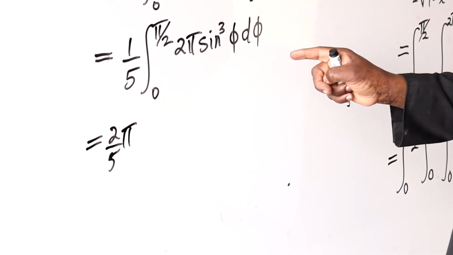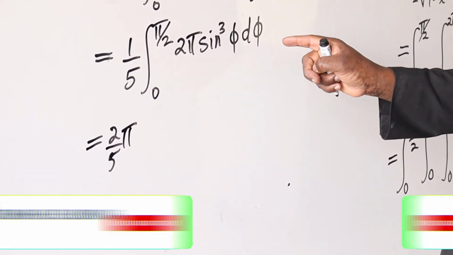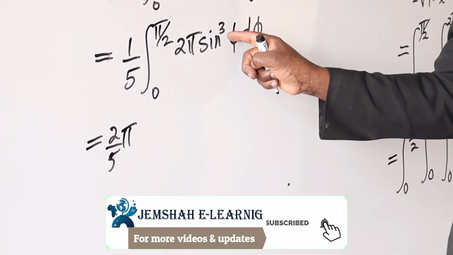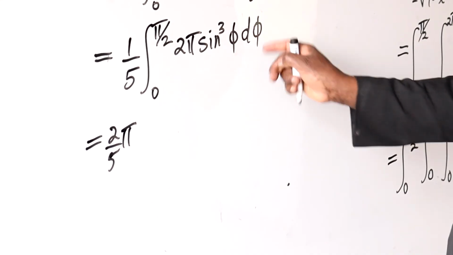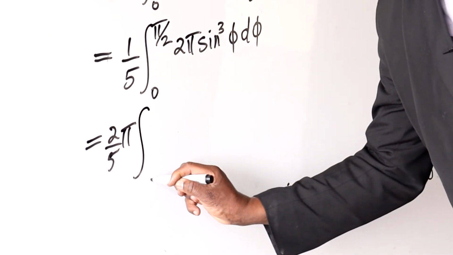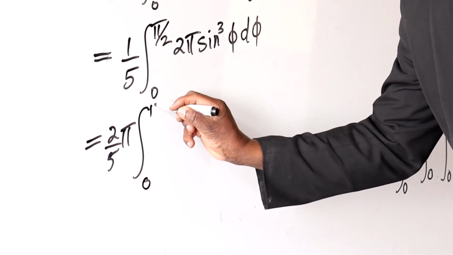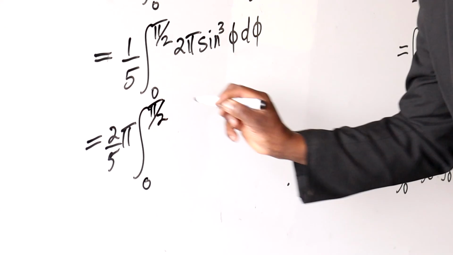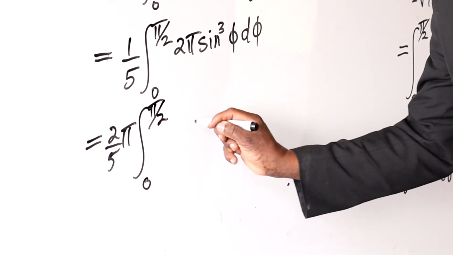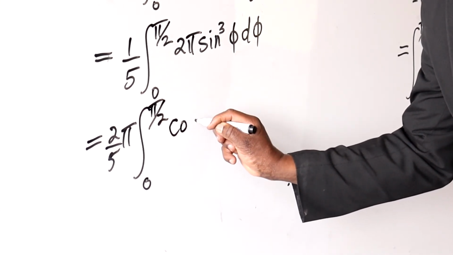Now we are integrating sine cubed with respect to phi. We'll split sine cubed first so that we can be able to integrate.